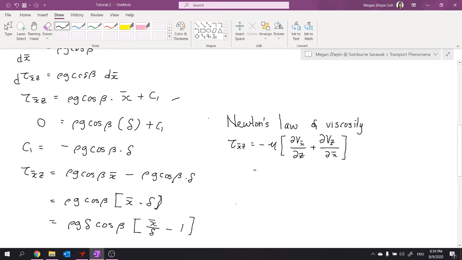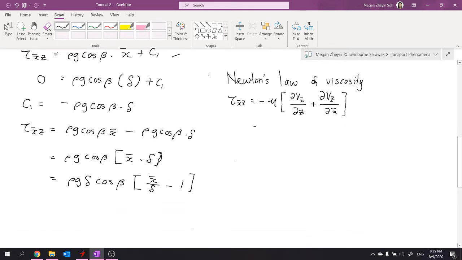Rearranging again, tau xz equals negative rho g delta cos beta multiplied by 1 minus x bar over delta.